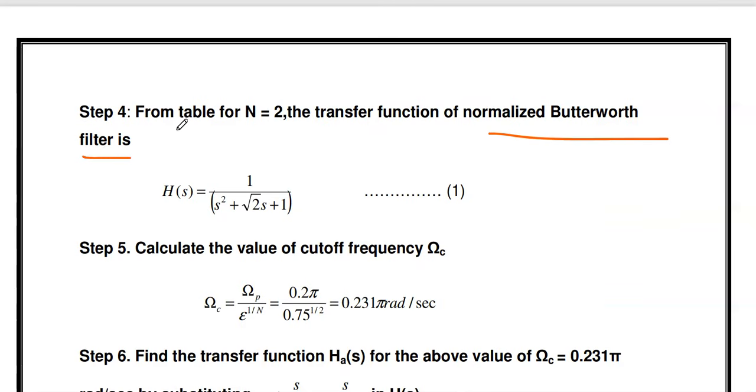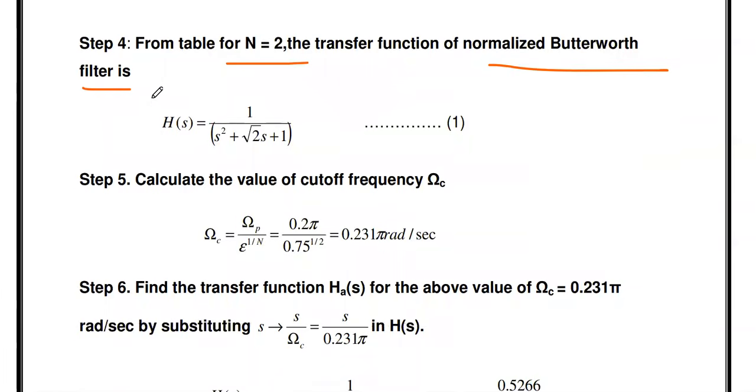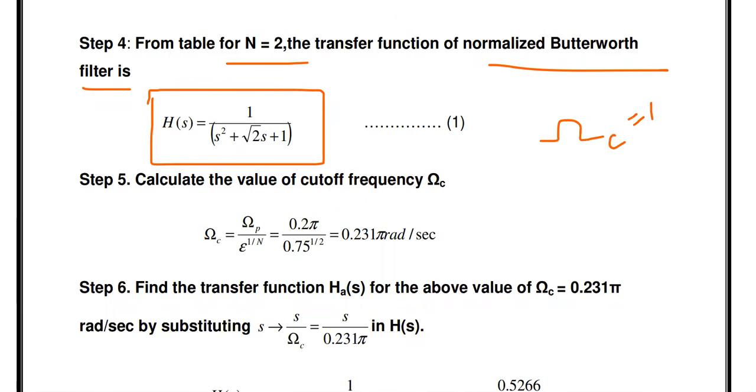From that table, for n equal to 2, the transfer function of our second order Butterworth filter is 1 by s squared plus root 2 s plus 1. Already you know this is the second order Butterworth filter transfer function for the cutoff frequency omega c equal to 1 radian. That is said to be the normalized Butterworth filter.